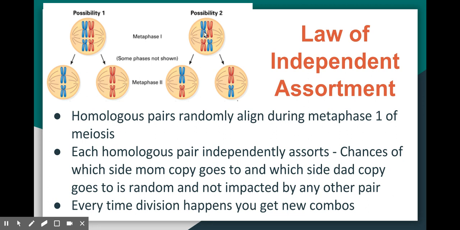It is equally possible that in my first pair, my dad chromosome is on this side, mom chromosome is on this side, and in my second pair, mom's on this side, dad's on that side, which means I am equally likely, as I am to get this setup, to get cells at the end that have one copy of dad's chromosome number 1 and one copy of mom's chromosome number 2 here, and one copy of mom's chromosome 1 here, one copy of dad's chromosome number 2 here.